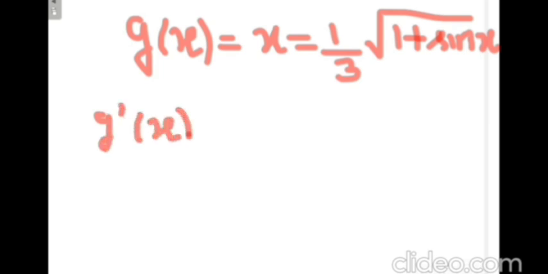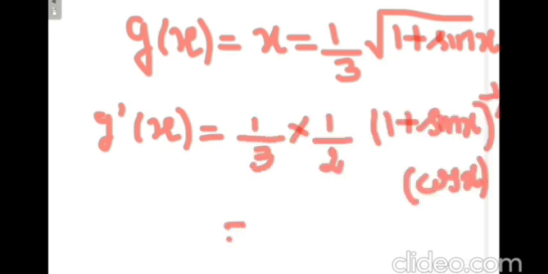We are going to differentiate that. While differentiating, we arrive at 1 by 3 into 1 by 2, (1 plus sin x) to the power minus 1 by 2 into, after that I have to differentiate the sin x inside, so I will get cos x.